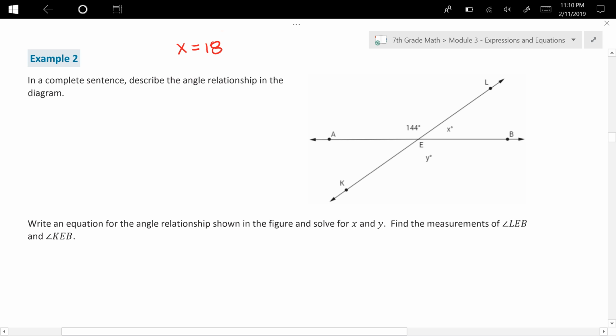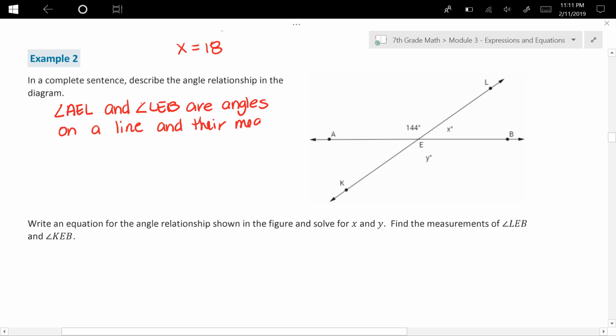All right, so with describing this one here, we have angle AEL and angle LEB are angles on a line, and their measures have a sum of 180 degrees.